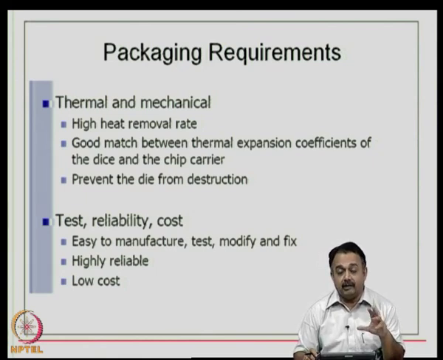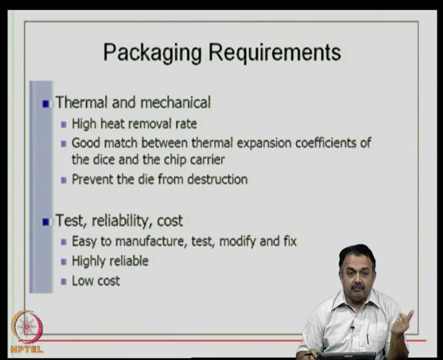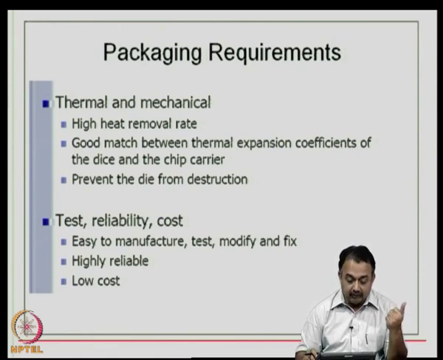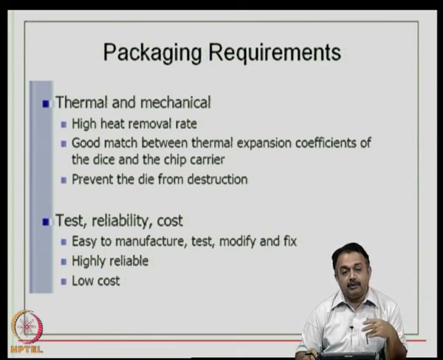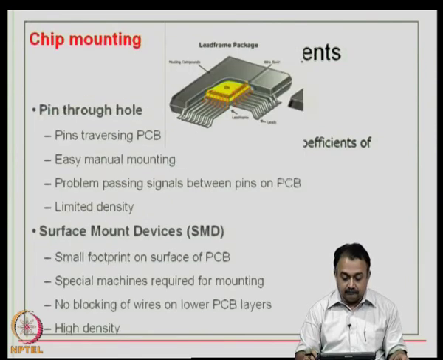But at the same time, for such a device you need to use a plastic because it is economic. Prevent the die from destruction during such thermal flare ups that can happen during the powering up of the circuit. Then you talk about electrical test. You must be able to test the device or the package easily after it is packaged, okay? And then it should be highly reliable and of course low cost.